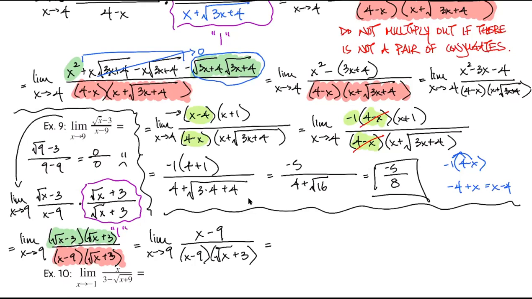Well, check this out. I'm so glad I didn't multiply because I have an x minus 9 on the top. I have an x minus 9 on the bottom. What's left in our expression?